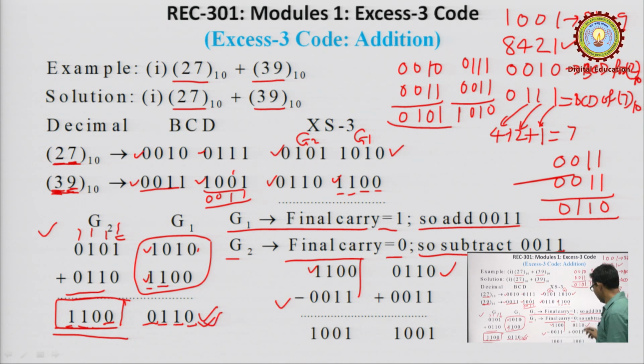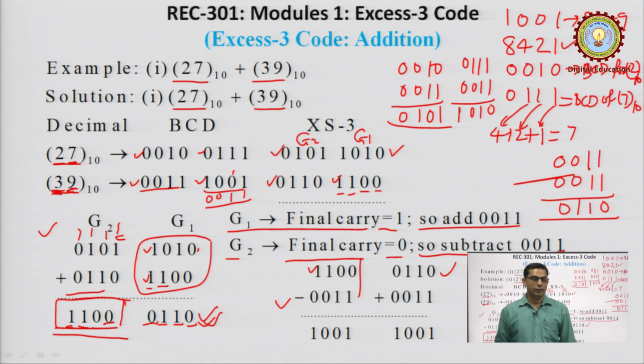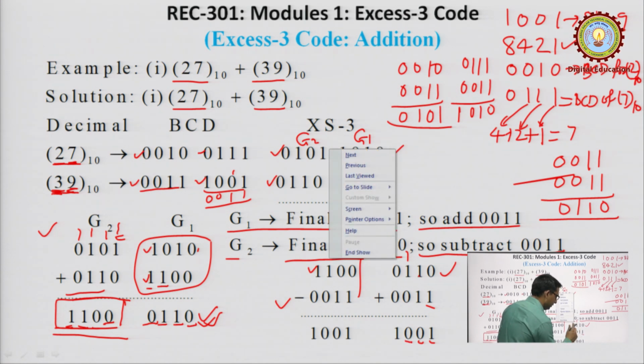Okay. So, now let us do it. Here we can see 0 plus 1 is equal to 1. 1 plus 1, the sum is 0 and carry is 1. This carry will go here, then 1 plus 1 plus 0, the sum is 0 and carry is 1.